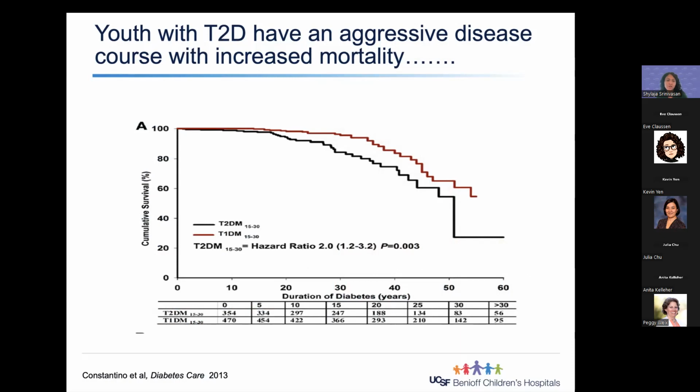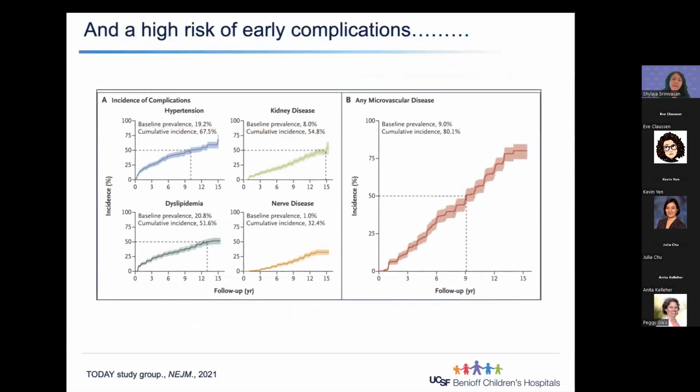And you can see here that the cumulative survival is lower for those with type 2 diabetes with a hazard ratio of 2. And youth with type 2 diabetes also have, unfortunately, a high rate of early complications.